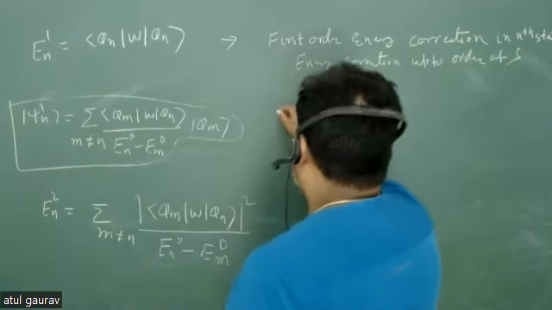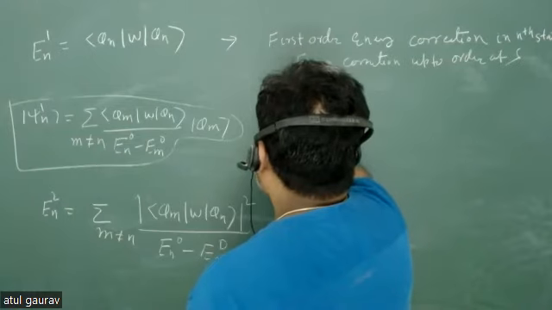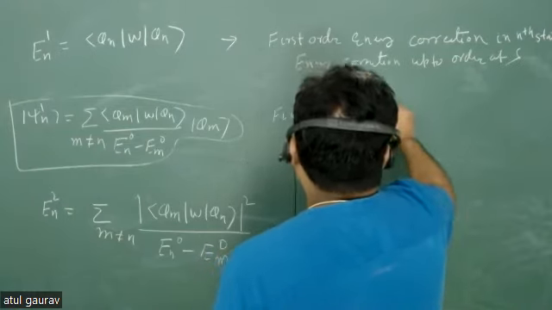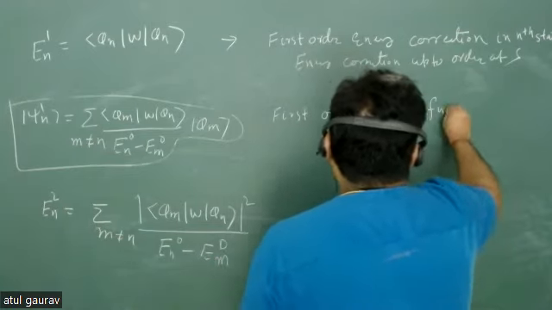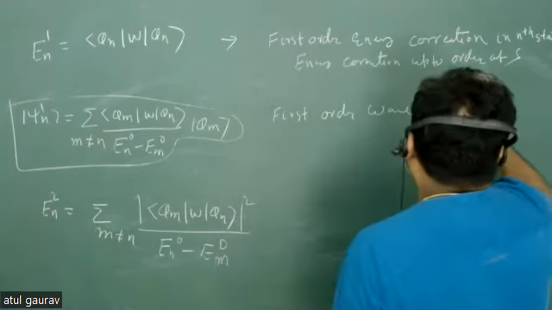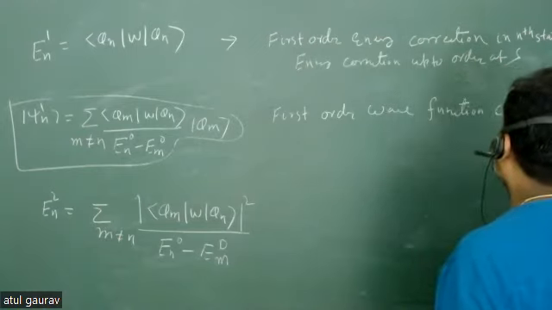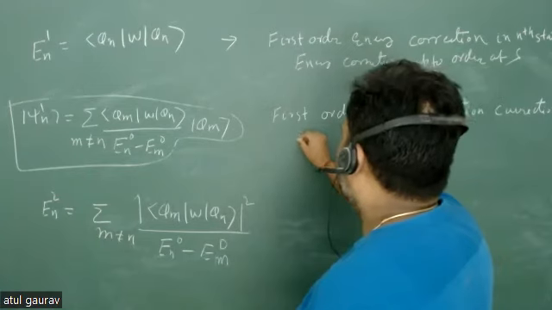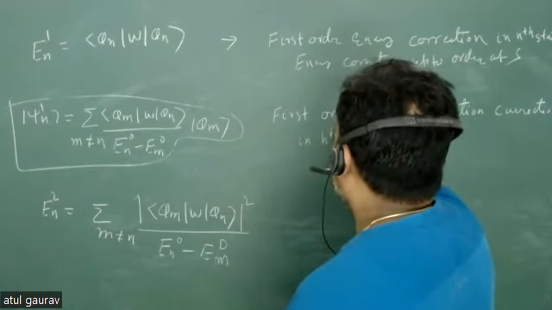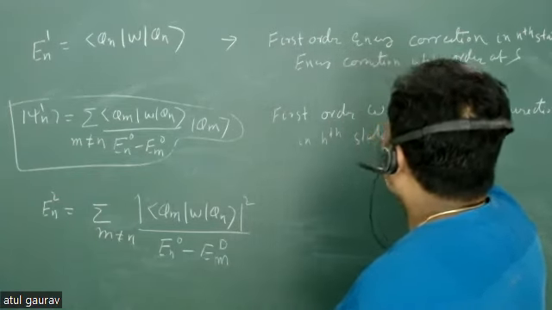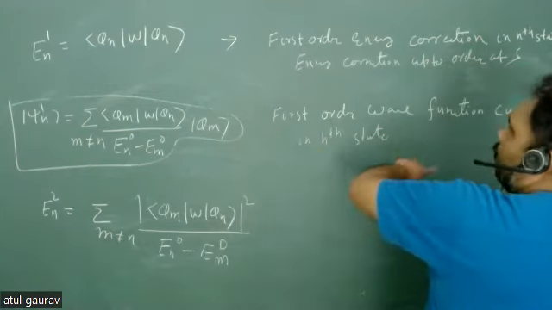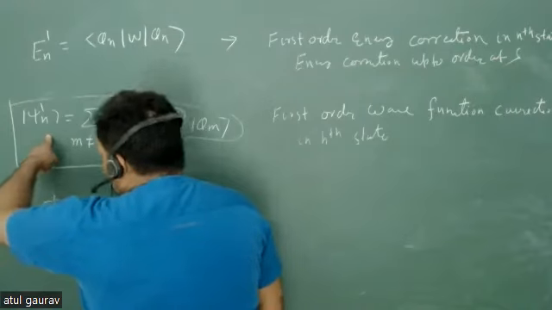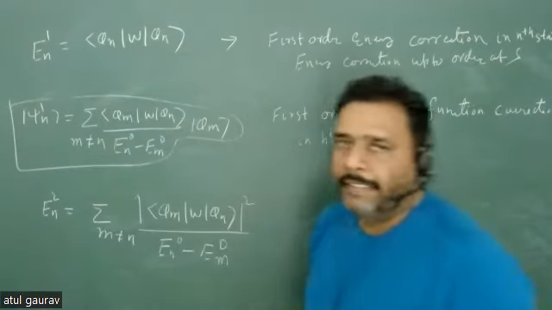So what will be this thing? First order wave function correction in nth state, or wave function correction up to order of lambda, because this is coefficient of lambda to the power 1 in a wave function, isn't it?